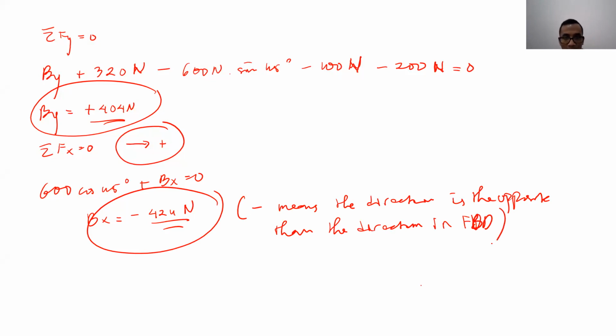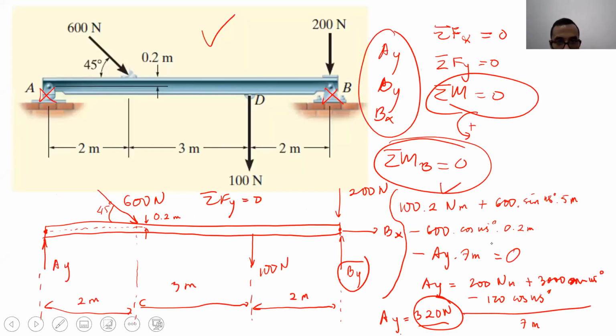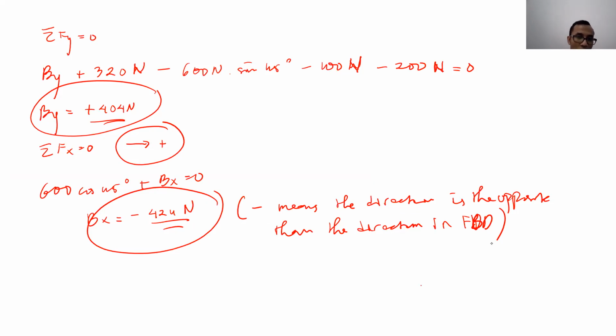So basically, just now I drew Bx as going to the right, but in reality, it's supposed to be going to the left with a value of 424 Newton. Okay, Lilo? Yes, sir. Okay, thank you very much.